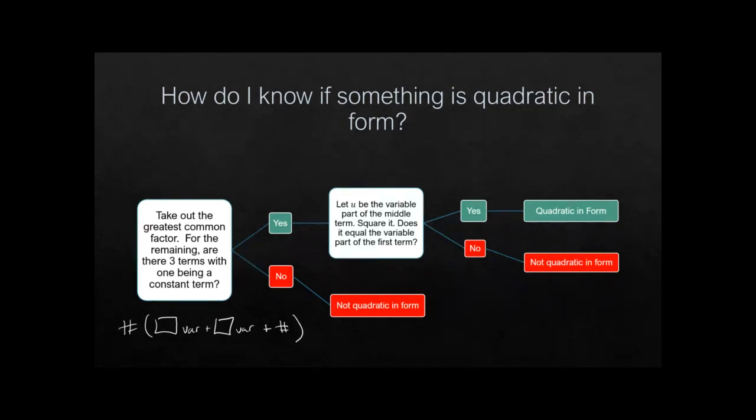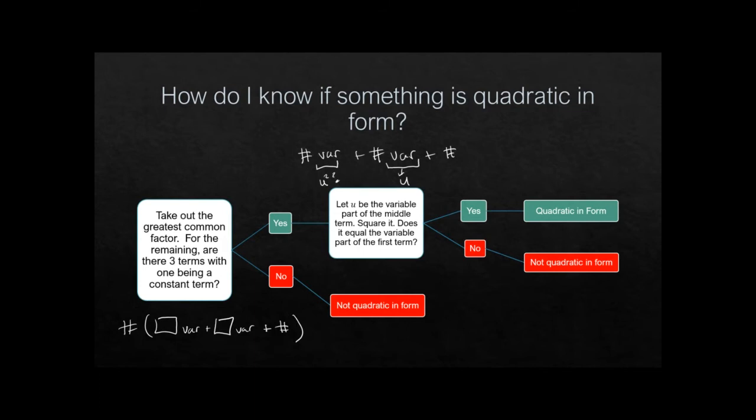And so the next part is you let U be the variable part in the middle. So you're going to look at whatever your 3 things are, and you'll have a number and then some variable part, plus a number and another variable part, and then a number. Whatever the variable part is in the middle is what you're going to set equal to U. And then you're going to square it, and you're going to say, does U squared equal the variable part for the first term?